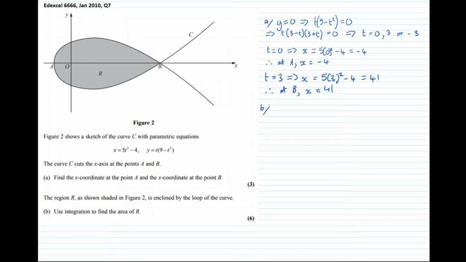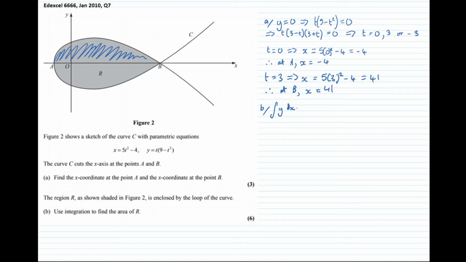So now for part b, what it's asking us to do is find the area between the curve and the x-axis. So what we're going to do is find half the area, this area here, then double it. So we need to find the integral of y dx, as we always do with finding the area under a curve.